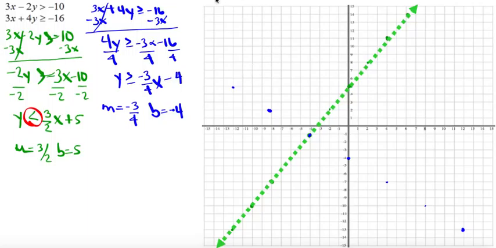Okay, so now I figure out what type of line I draw. I have greater than or equal to as my inequality symbol, so since it has the or equal to, I know the solution will be on the line as well. So I need a solid line.